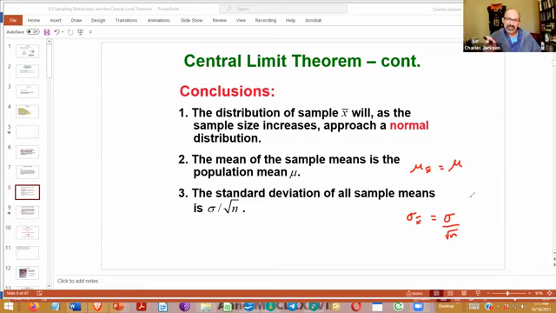And specifically, how much smaller does it get? Well, you have to divide that original standard deviation by the square root of the sample size. And that's why those bell shapes were skinnier, okay? Because the standard deviation was smaller; really it was the original standard deviation divided by square root of 5, divided by square root of 30, much less of a standard deviation, because it's a standard deviation of X bars.